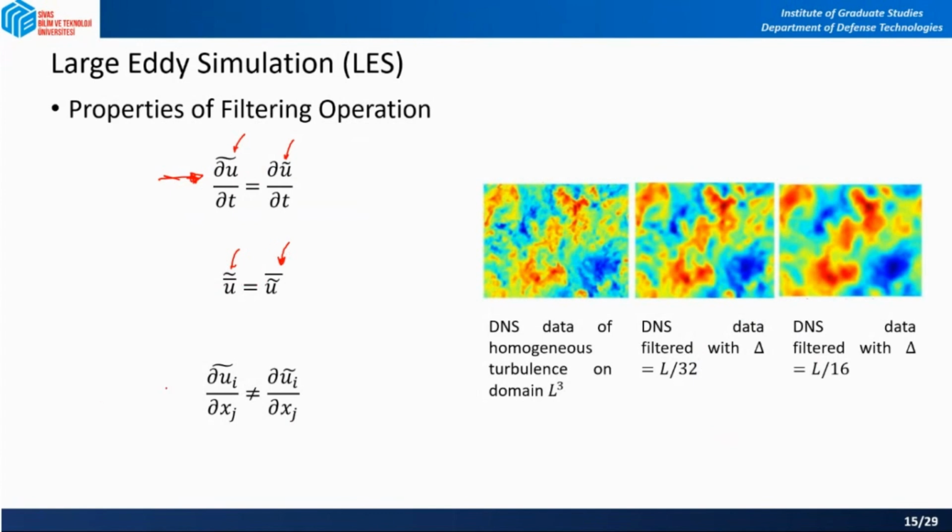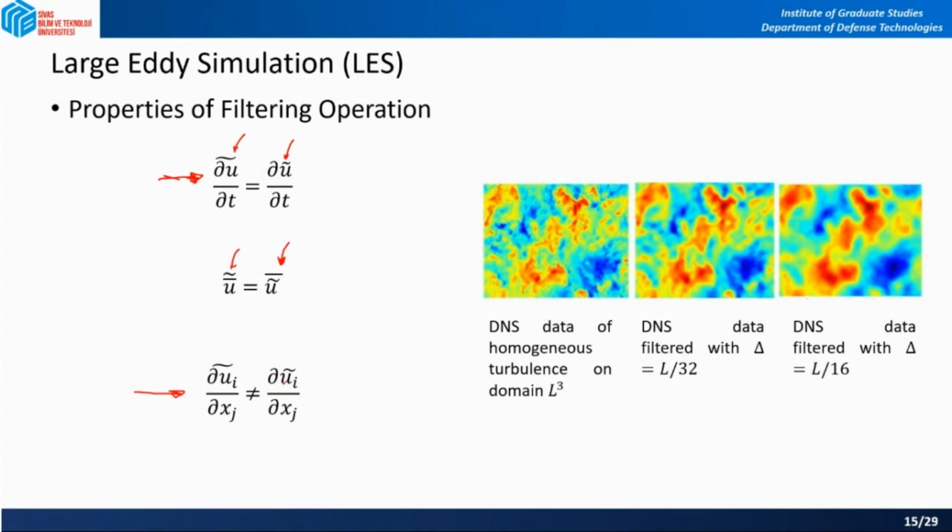And there is another property which is about the spatial gradient. You see that it says the filtered dui/dxj is not equal to d/dxj of the filtered ui. In other words, if you apply the filtering operation to the velocity gradient dui/dxj, this will not be equal to the gradient of the filtered velocity field.